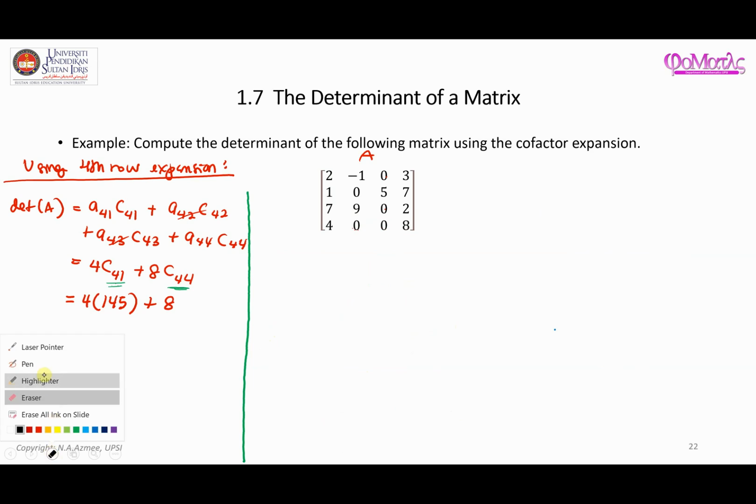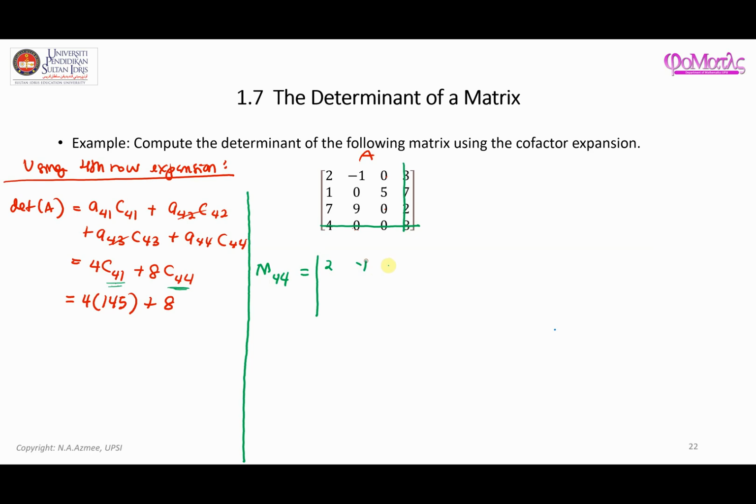Okay, right. So C44 can be obtained by first considering M44. So M44 is obtained by deleting the fourth row and the fourth column. So we have the remaining values of 2, negative 1, 0, 1, 0, 5, 7, 9, 0.